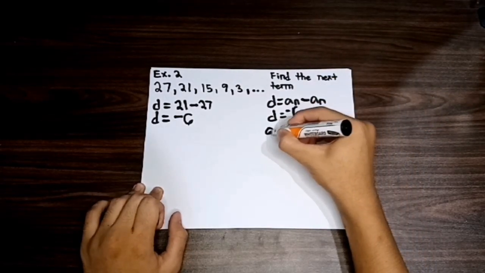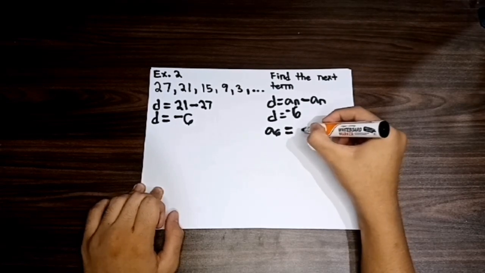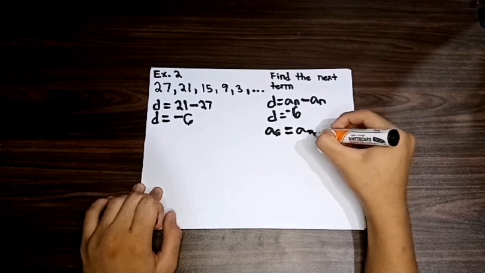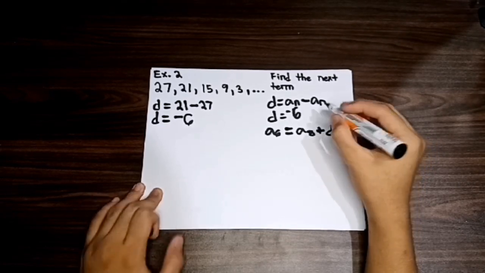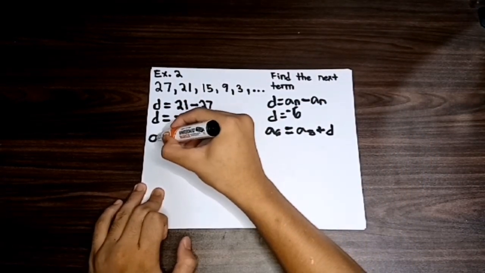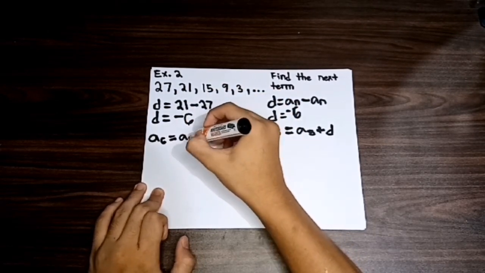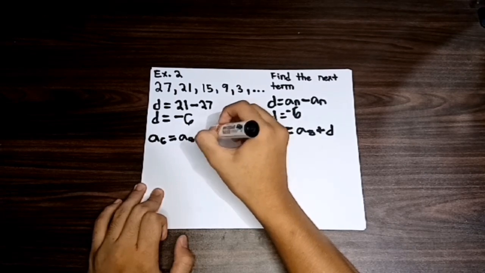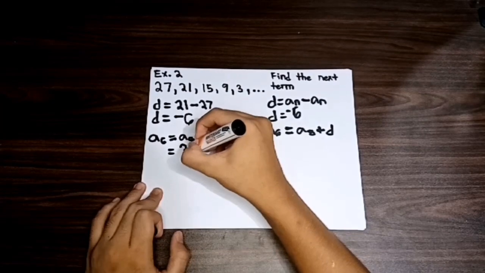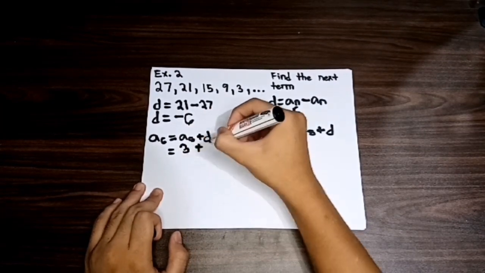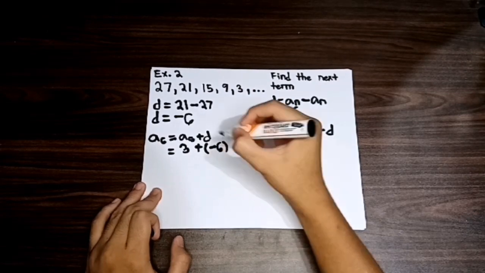Now we identify the next term. The next term is a sub 6 because a sub 5 is 3. To identify a sub 6, we need to add a sub 5 to the common difference. So a sub 6 is equivalent to a sub 5 plus d. Substitute 3 and the common difference, which is negative 6.